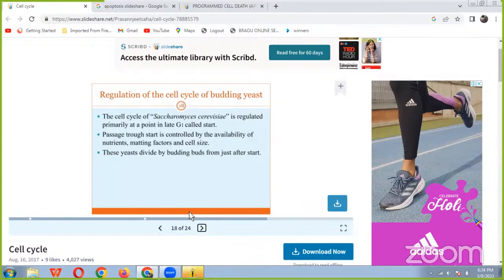That is very important. These protein kinase enzymes regulate the cell cycle.